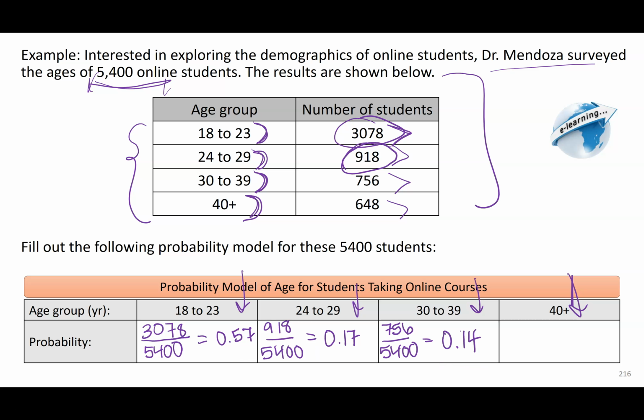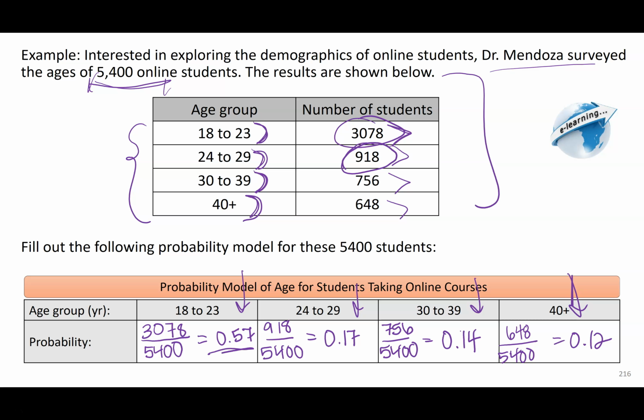If you see a negative or you see above 1, that should be an automatic sign that this is not a legitimate probability model. And then the last one here, 648 over 5,400, it's going to be 0.12. So here, they're all between 0 and 1.